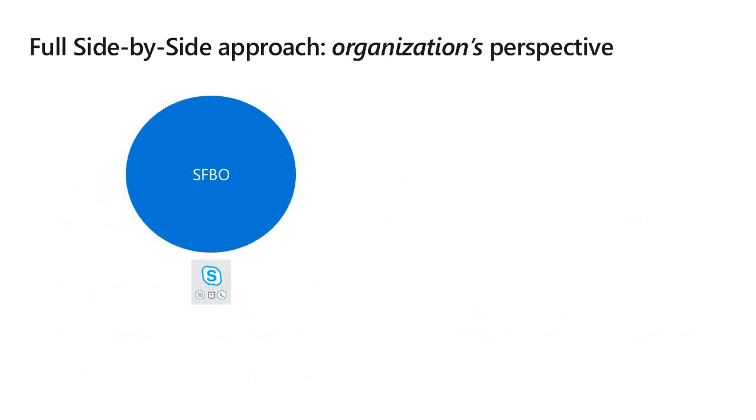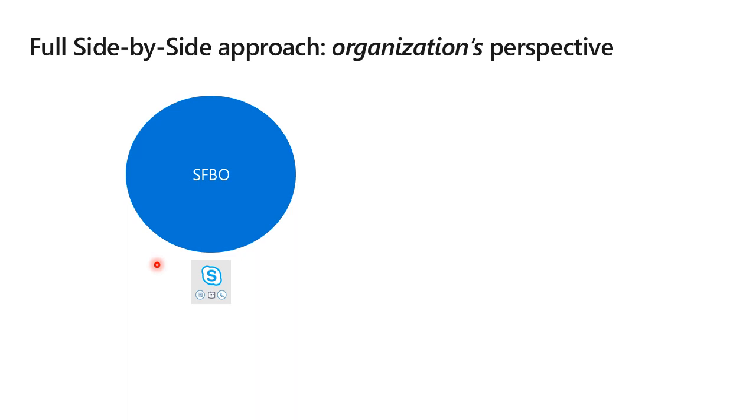Now let's take a look at this full side-by-side approach from the organization's perspective. So again, that scenario that we looked at previously, I have an environment with a Skype for Business online deployment. Again, we'll say that this customer is utilizing all of the various features of Skype for Business, including chat, meeting scheduling, calling, phone system, and so forth.